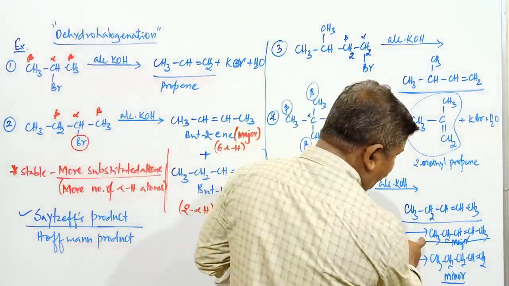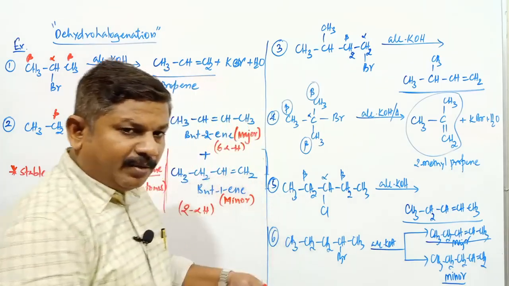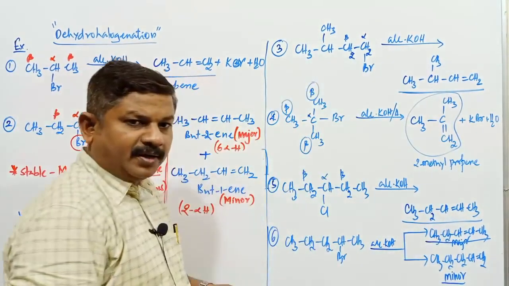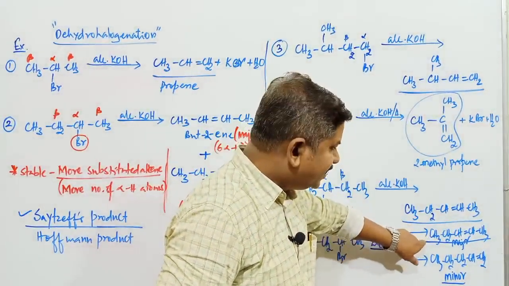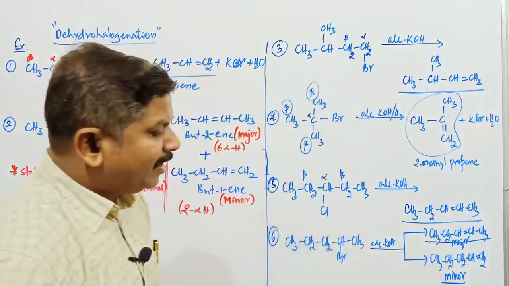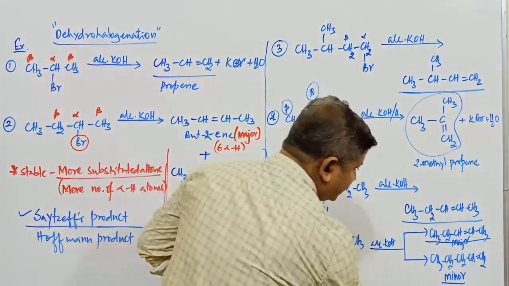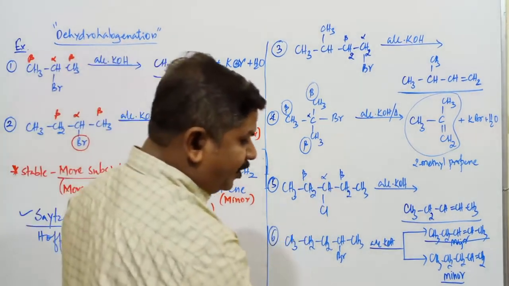The one with more alpha hydrogens is the major product, and this is the minor product. Which is the Hofmann product and which is the Saytzeff product? The alkene which is more stable is always the Saytzeff product. This is the Saytzeff alkene, and this compound, formed according to Hofmann formation, is called the Hofmann product.